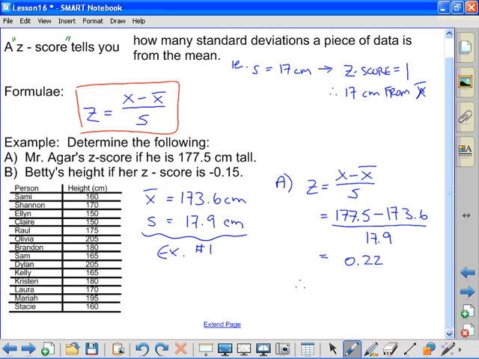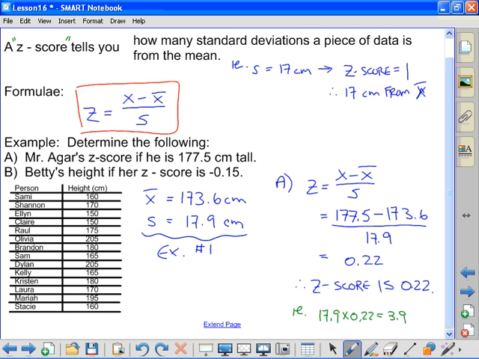So that's the Z-score. And what that tells you is that my height is well within one standard deviation. So I'm 0.2 of a deviation away from the mean. For example, just to finish that off, if I went 17.9 times 0.22, I got 3.9 roughly, so almost 4.